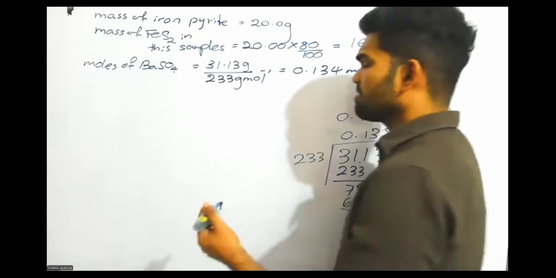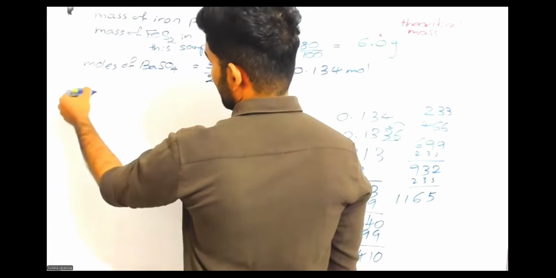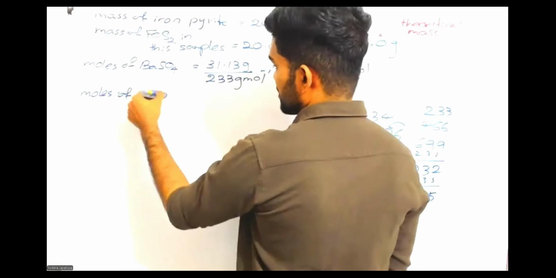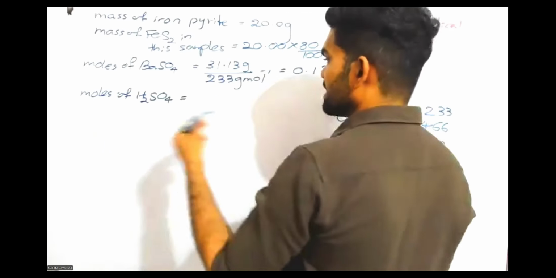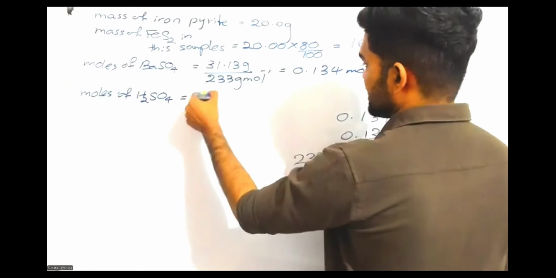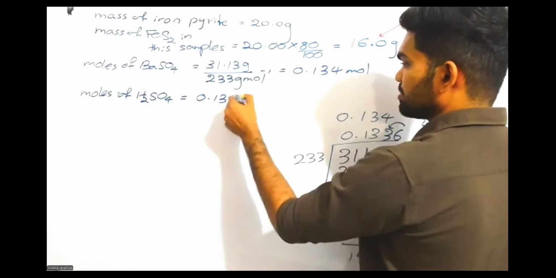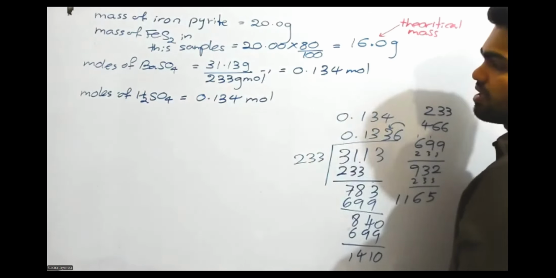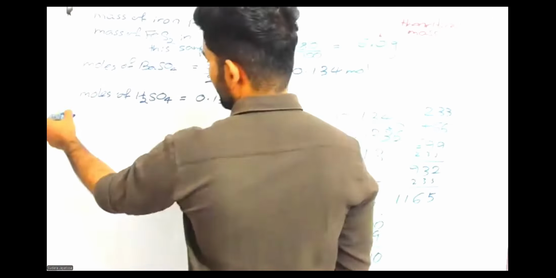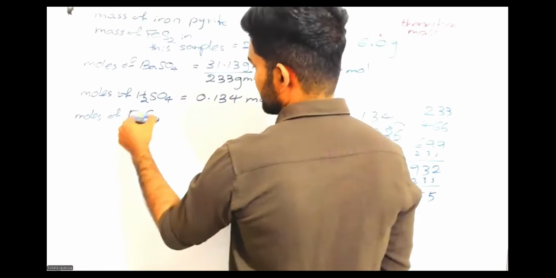Then we can go to the moles of sulfate or moles of H2SO4. Moles of H2SO4 is the same as the moles of barium sulfate. So that is the same, 0.134 moles. Right, then we can take moles of FeS2.